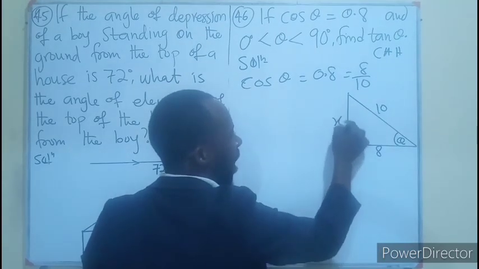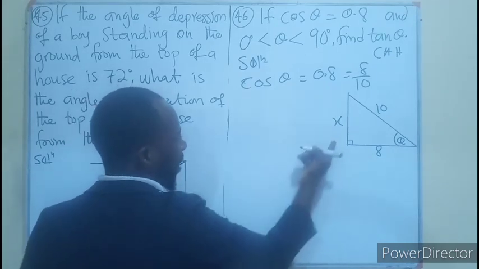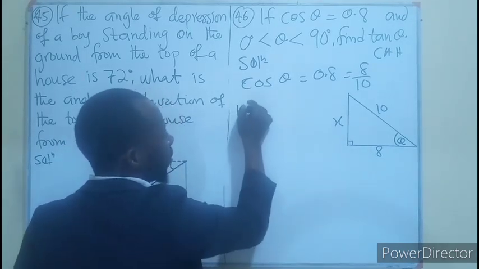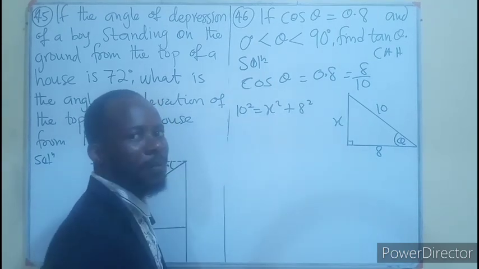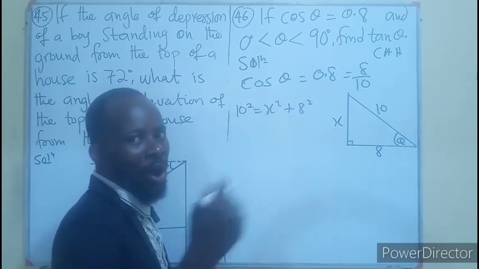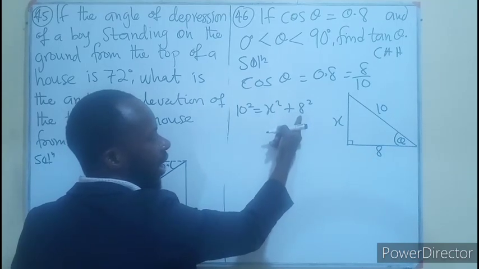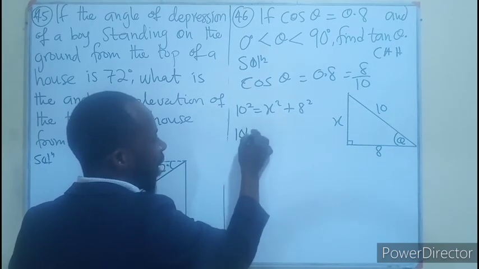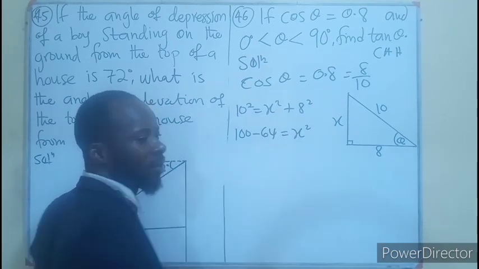So now I need to find the opposite using the Pythagoras theorem, which says that 10 squared equals x squared plus what? 8 squared. The sum of the squares of the shorter sides equals the square of the longer side. So I am looking for this. I will transpose the 8 squared to this side, meaning 100 minus 64 equals what? x squared.